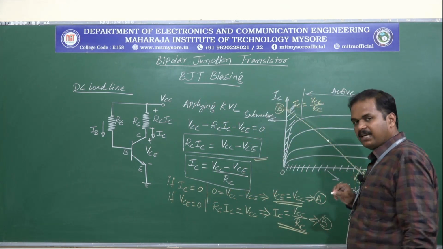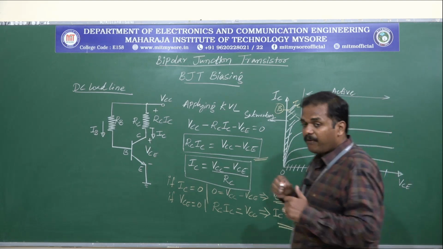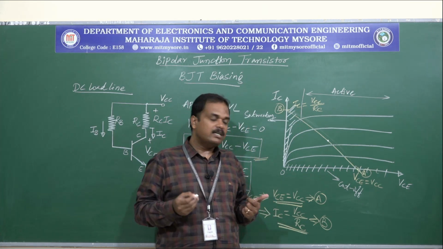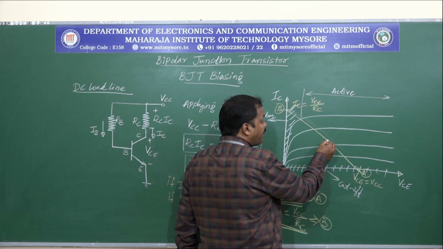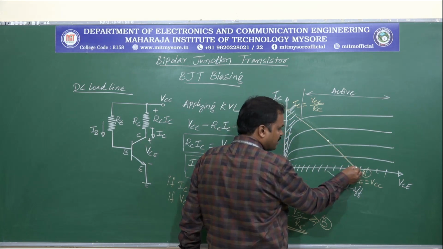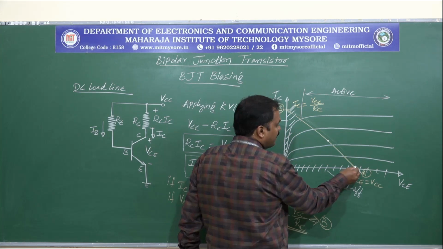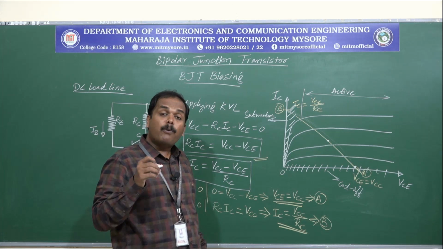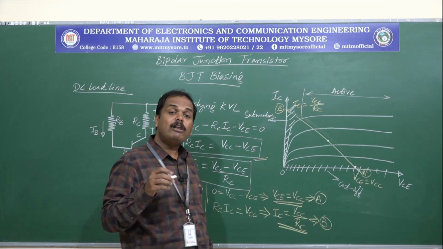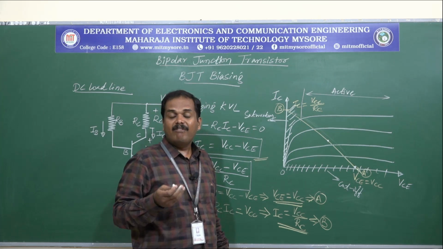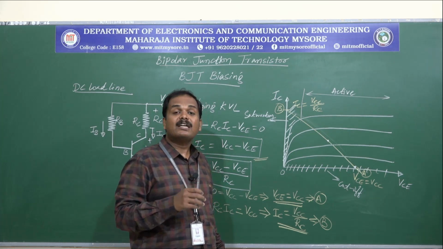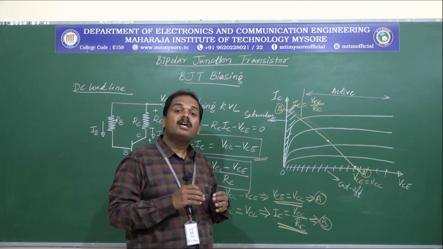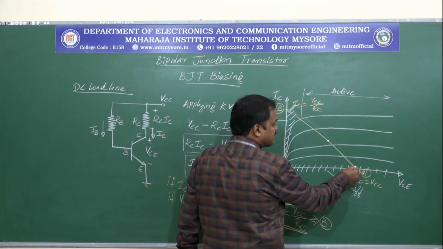If we fail to set the operating point at the mid of the active region, in other words, if this operating point moves towards this, say for example here, then the device will be working in the cutoff region, so at least a portion of the input signal will be cut off, because the output current is 0 in the cutoff region. So the operating point cannot be set here.